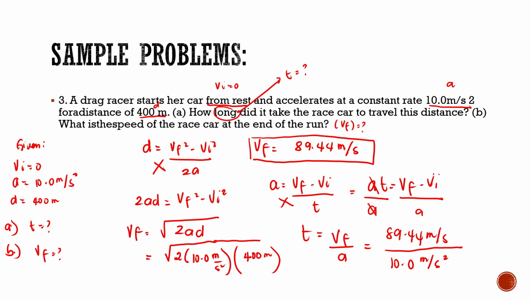The units cancel since we're looking for time, leaving seconds. So 89.44 divided by 10 gives 8.94. The time is 8.94 seconds.